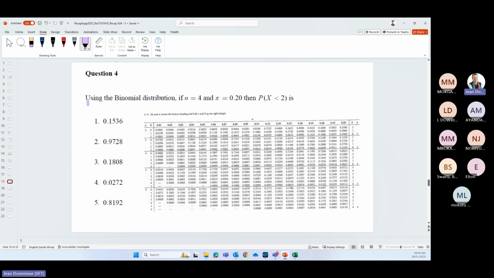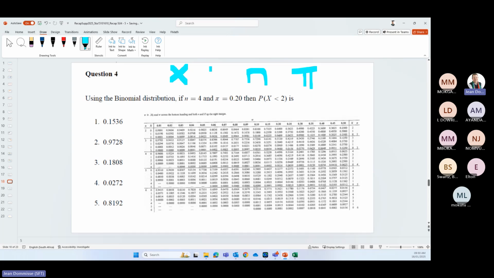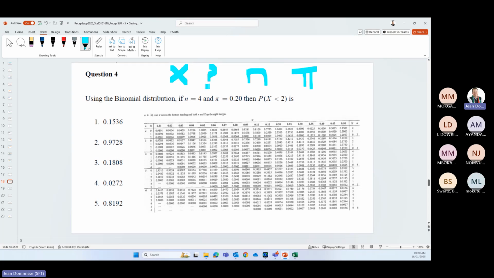Okay, then we go into binomial. So when we go into binomial, there's a few things that you will need. For your binomial table, they need to give you the n, they will need to give you the pi, and they will need to give you something around the x so that you can identify it on the table.